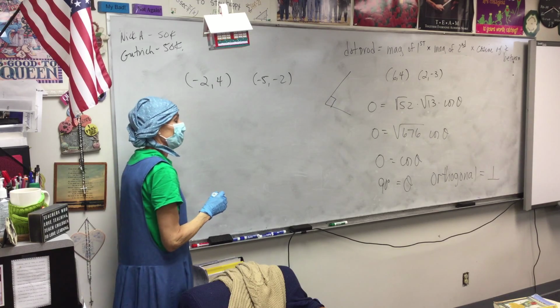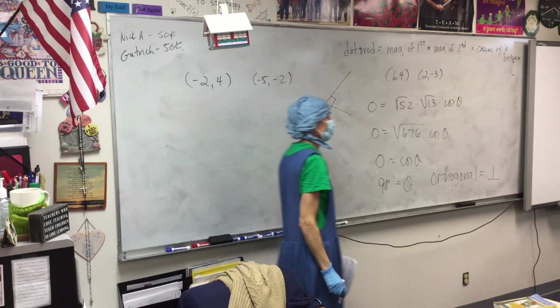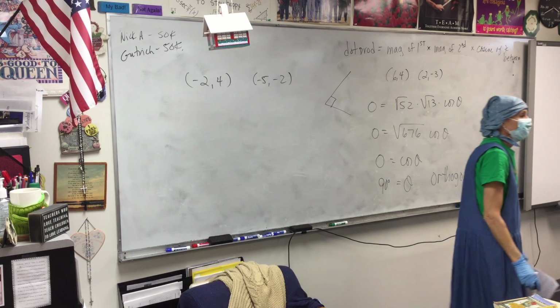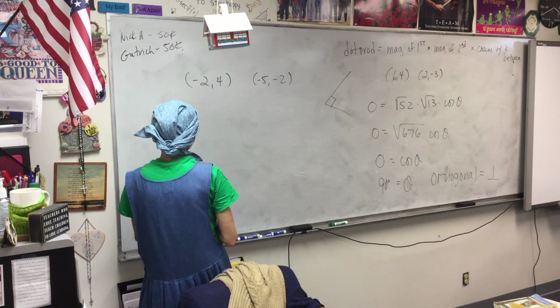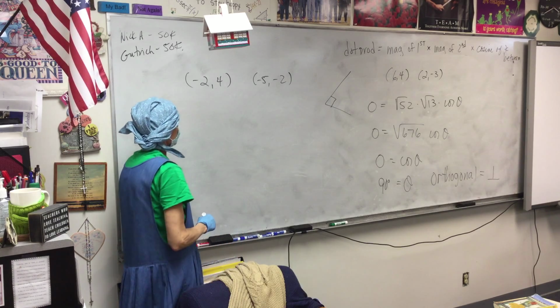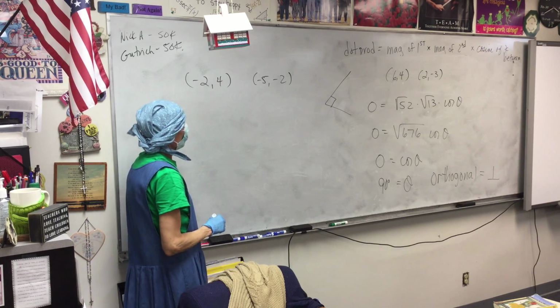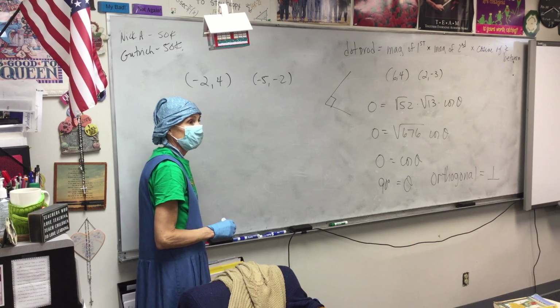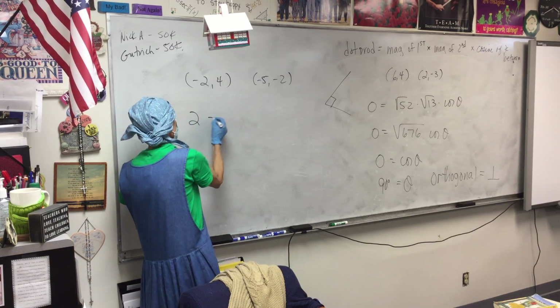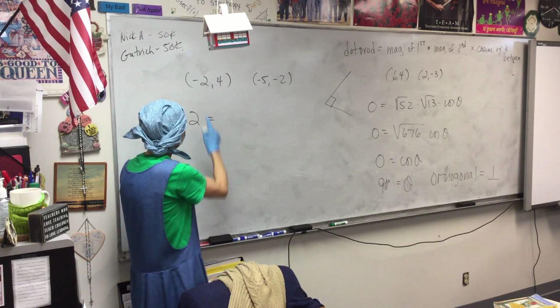All right, so who remembers how we start? Dot product. All right, what is my dot product? Watch your signs here. A lot of negatives floating around. What is your dot product? 2. Very good, Zach. 2 is your dot product.